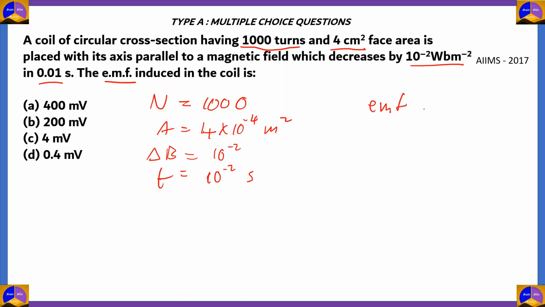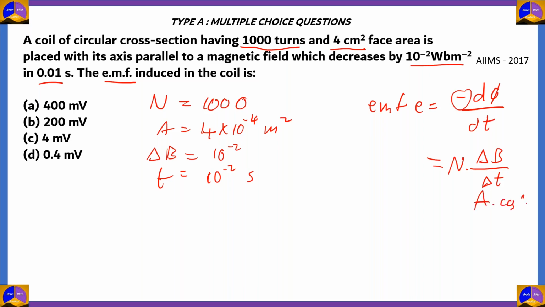Well, EMF induced in the coil, which is E, is given as minus change of flux with respect to time. So change of flux with respect to time is the EMF. And the reason why it's negative is because both of them have different directions. So change in flux, that is delta B by delta T times N times A times cos theta.